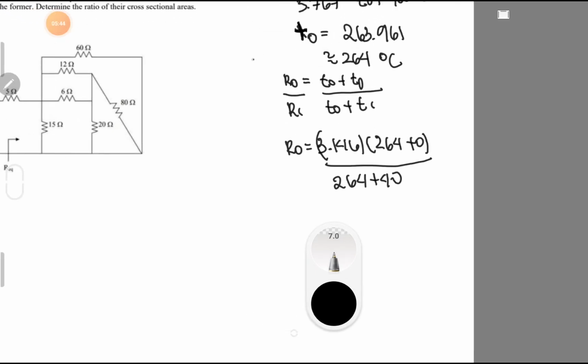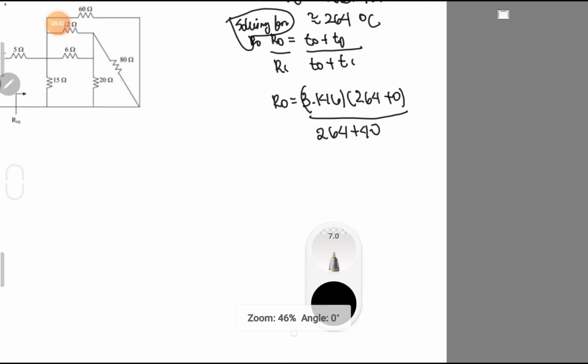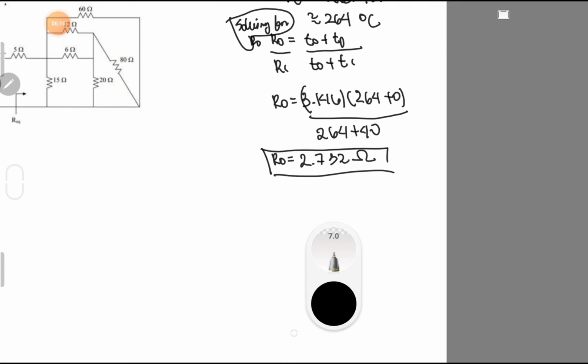So solving for R0, we have 3.146 multiplied by 264 divided by 264 plus 40. We get R0 equal to 2.732 ohms. So this is our answer number 1.